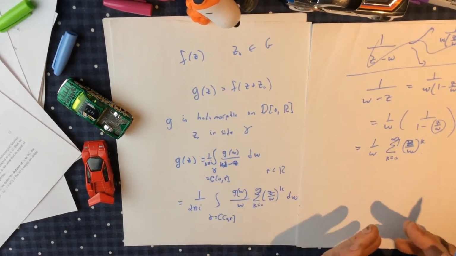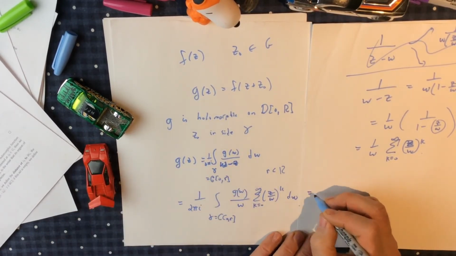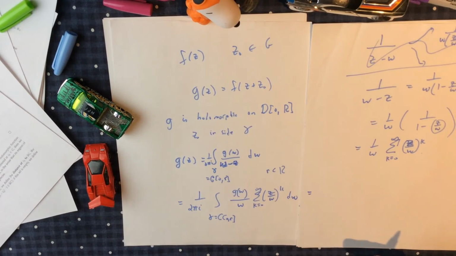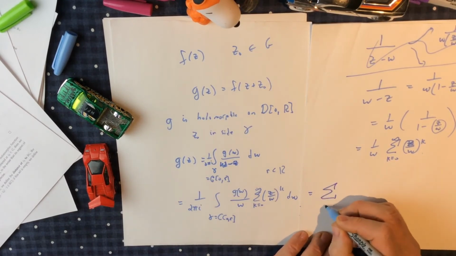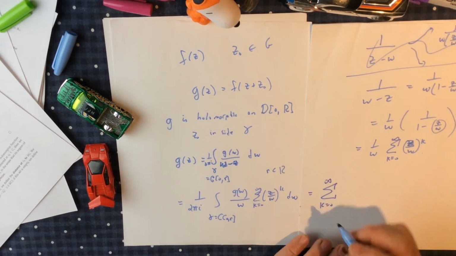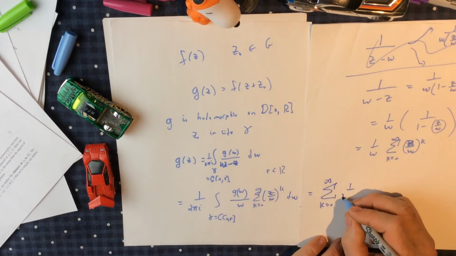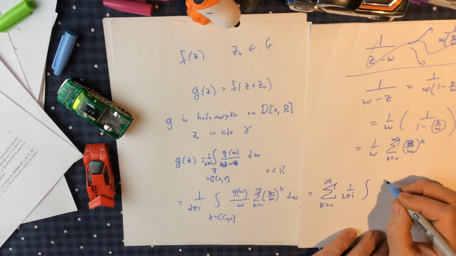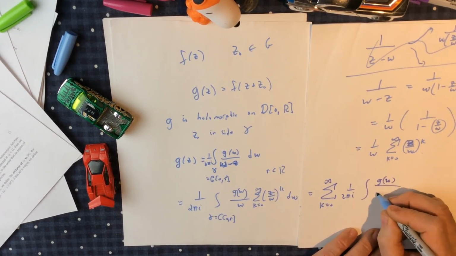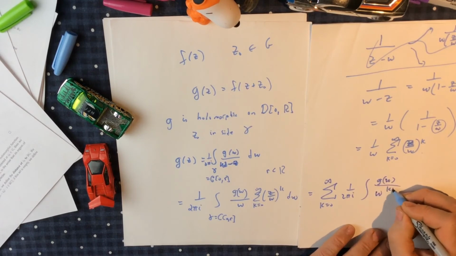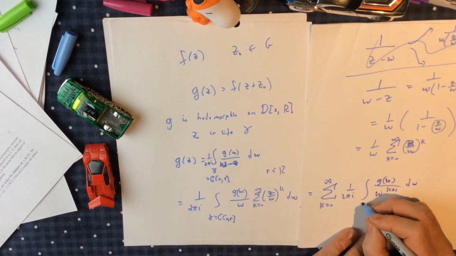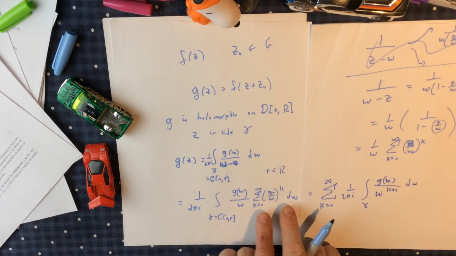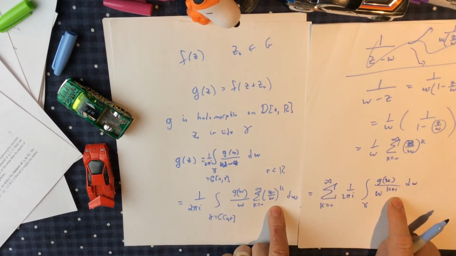Since this, again, converges uniformly, this is a theorem that we need, I can switch the order, and I get the sum on the outside. And of course I can move the 1 over 2 pi i through. But now this will be the integral of g of w over w to the k plus 1, dw over gamma. So all of those get pulled inside of there.